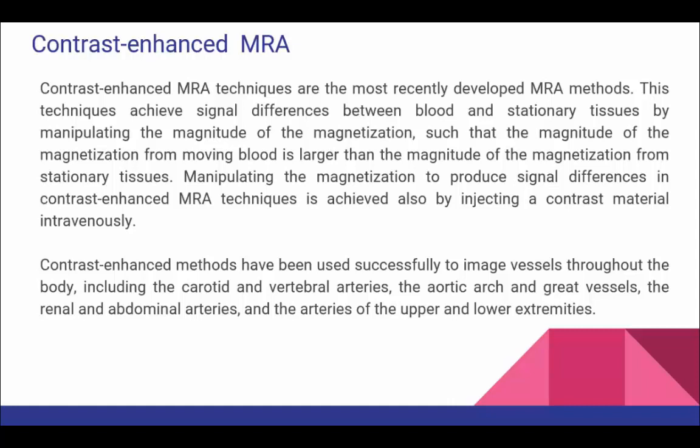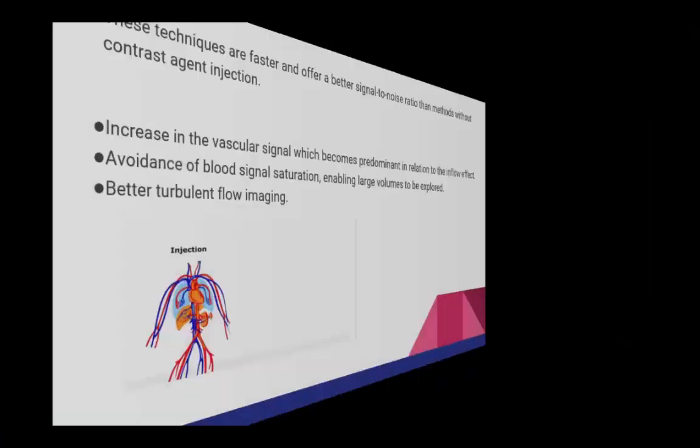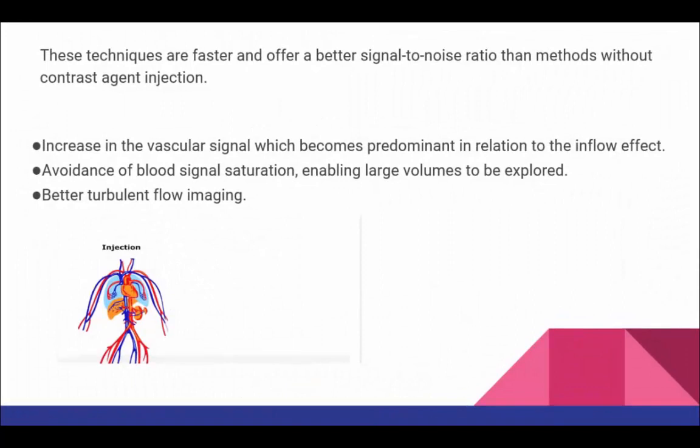Manipulating the magnetization to produce signal difference is achieved not only by employing the appropriate sequence parameters, but also by injection of contrast material intravenously. During the first phase of contrast material, images can be acquired that show arteries with striking contrast relative to surrounding stationary tissues and veins.